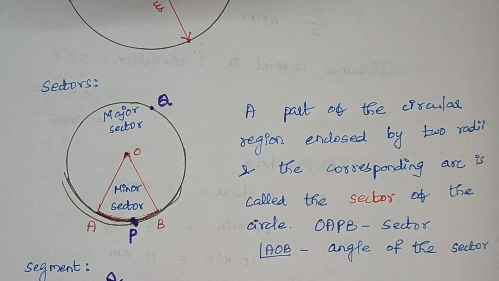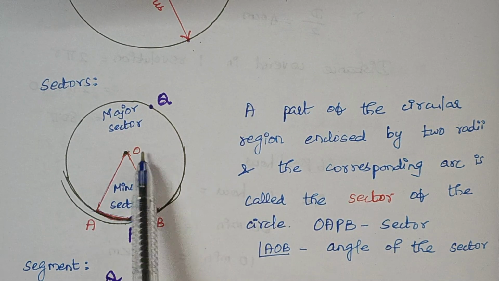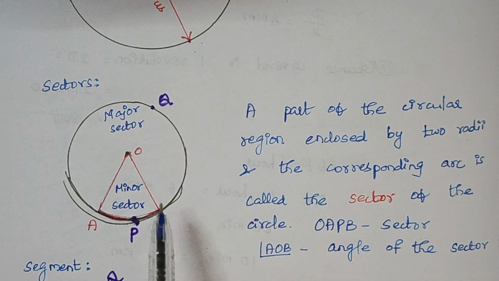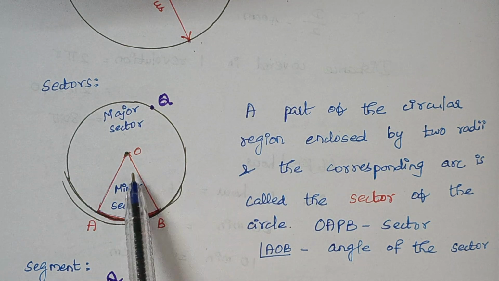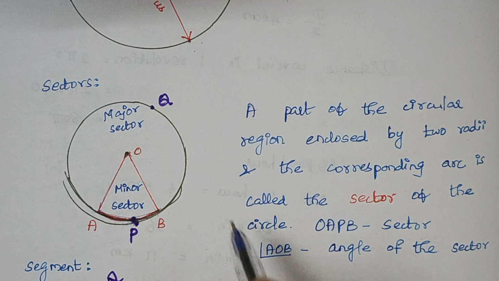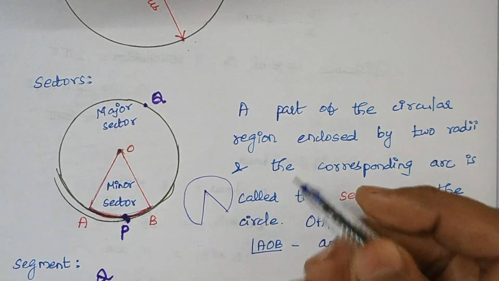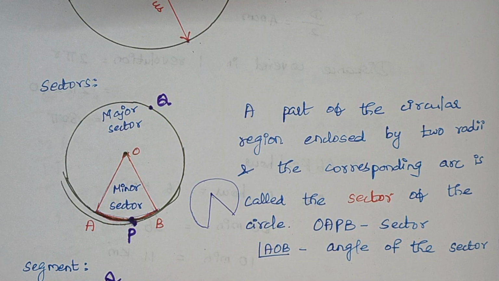So here in this case you see this OAPB is a sector. Similarly, OAQB is also a sector, right? When you draw OAQB, it will look like this, right? This is also a sector.